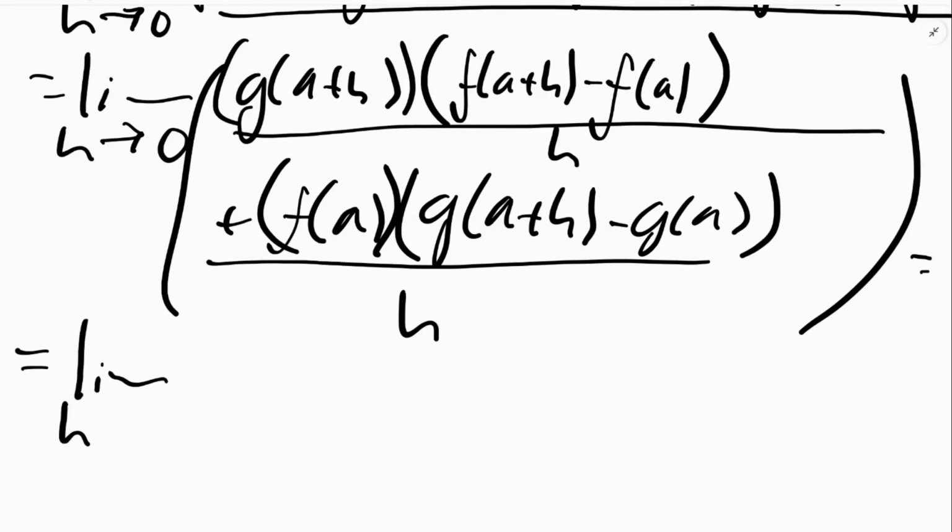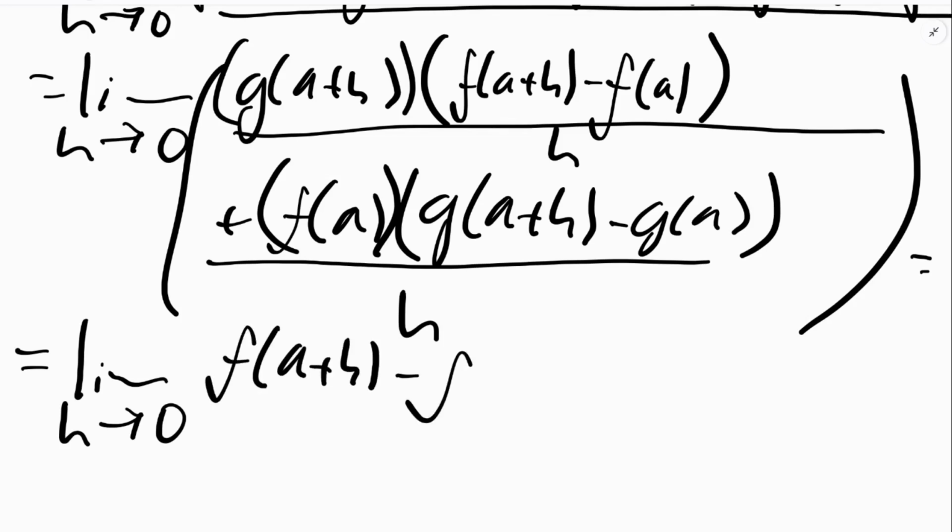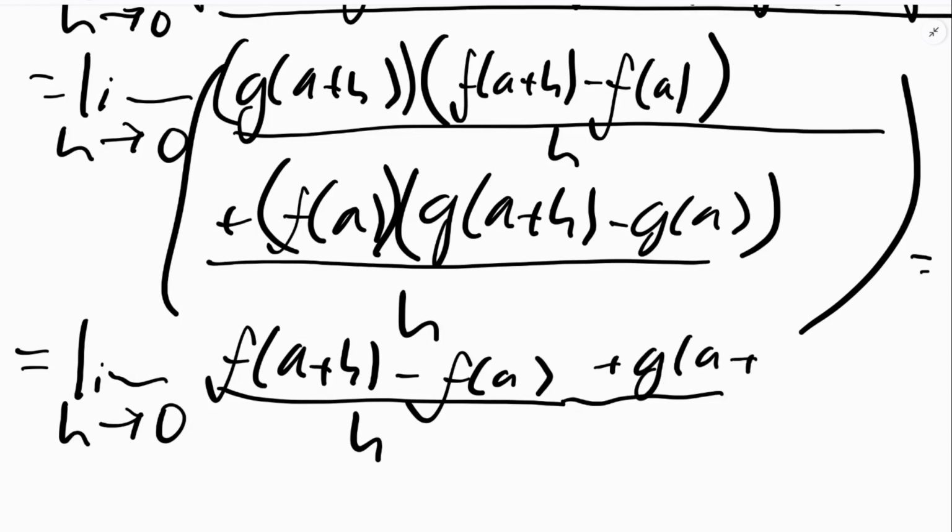We get the limit of h going to 0, and by limit properties, the addition can be put into two separate limits with the same limit value. So we get a limit as h goes to 0 of f of a plus h minus f of a over h, times g of a plus h, like this. And then we have also plus another limit.